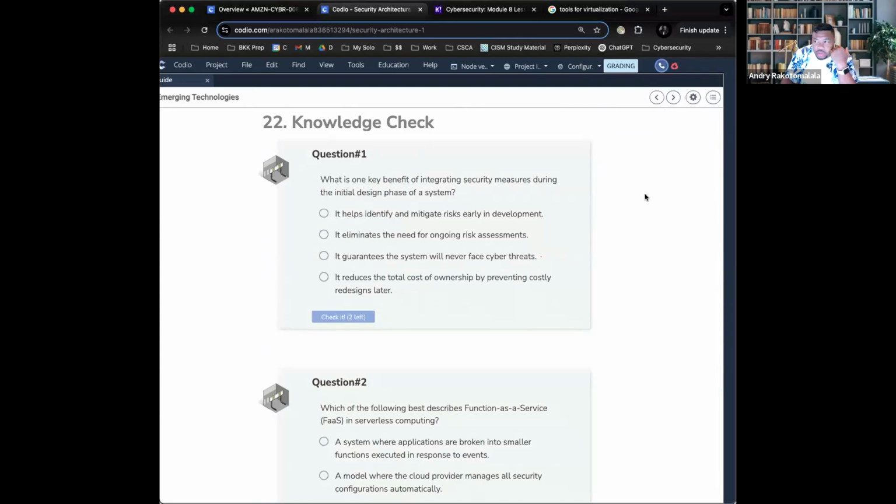Let's go ahead and do some knowledge checks before we go into the final one here. Okay, let's do this quiz thread. Question number 1. What is one key benefit of integrating security measures during the initial design phase of a system?